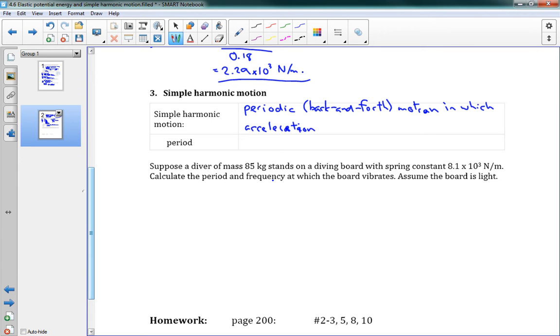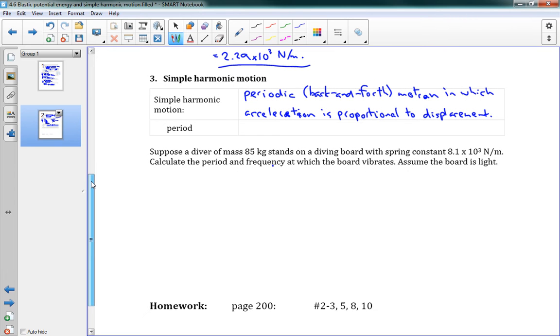Acceleration, oops, I spelled that wrong, is proportional to displacement. Perfect.